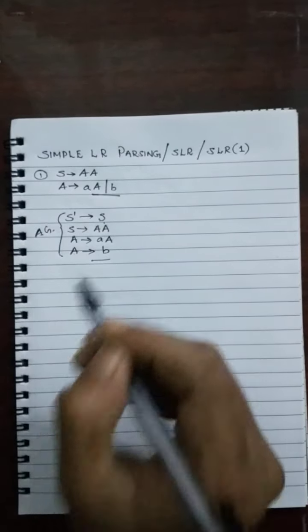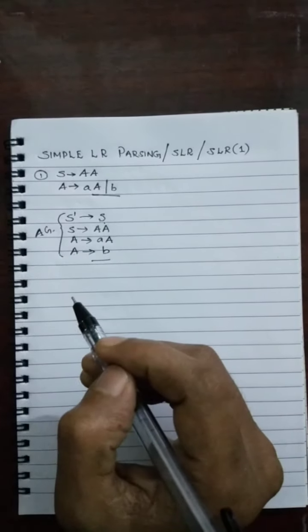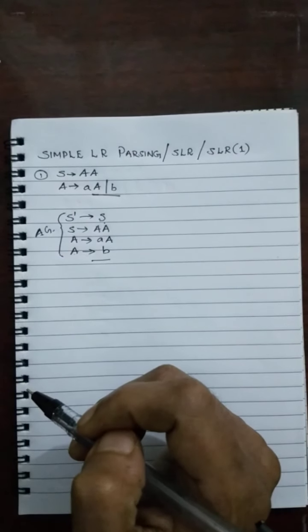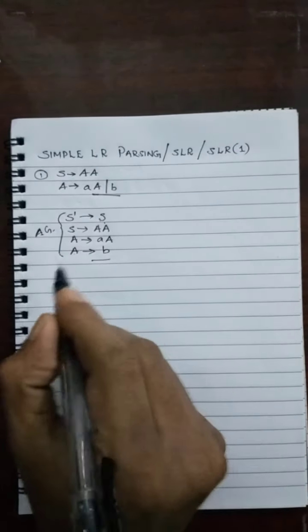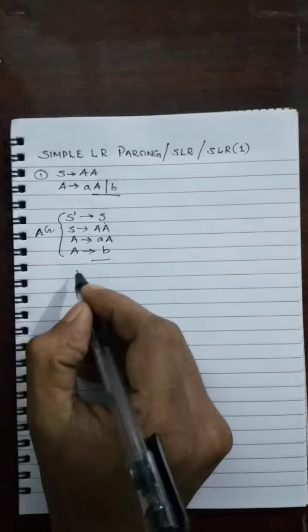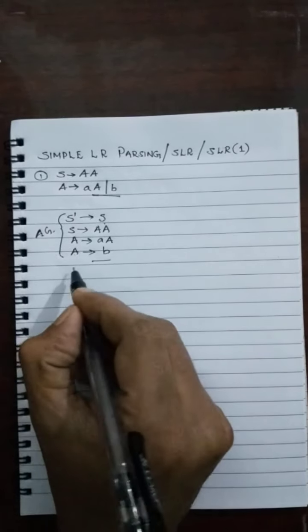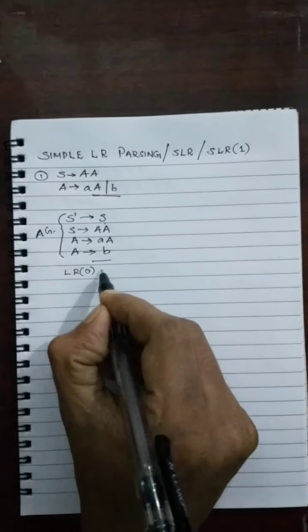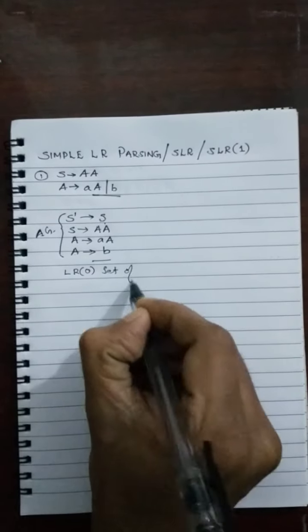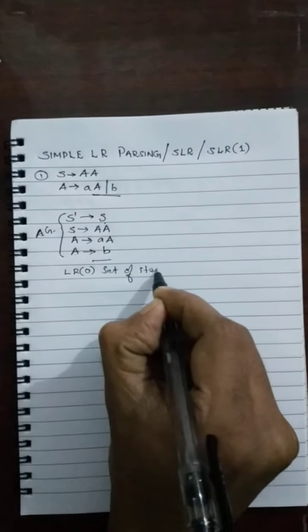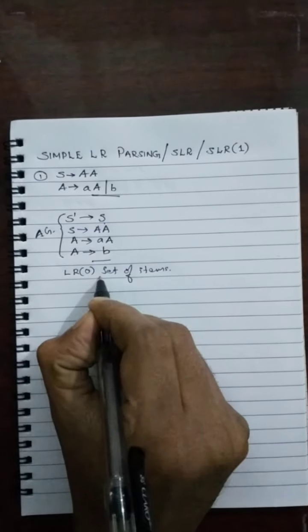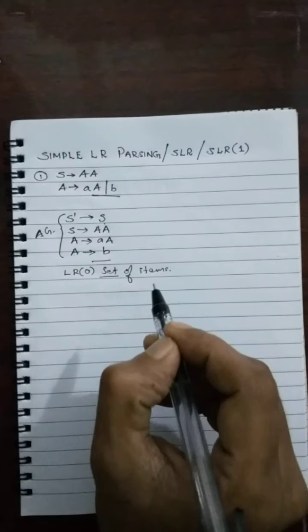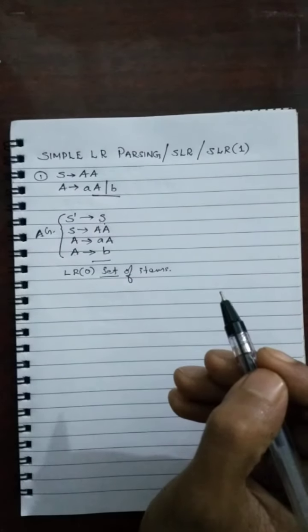Now after making it an augmented grammar, the next step is to create the set of items. So in simple LR parsing table creation, we need to construct the LR(0) set of items. Now the question is how to create the LR(0) set of items or canonical set of items.